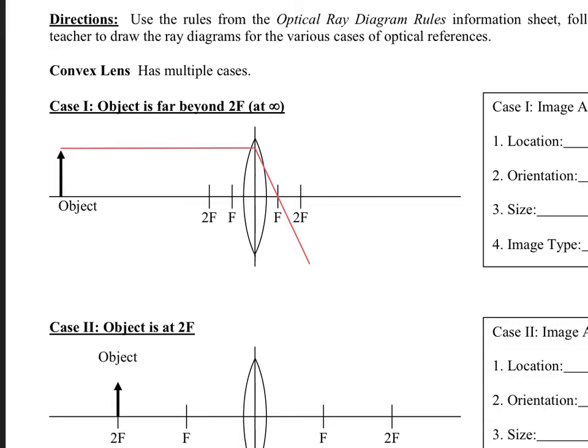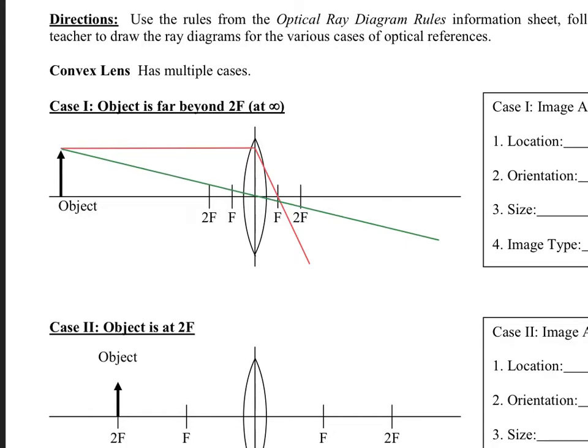Now, I said all of our rays are going to be pretty much the same, but the second one's a little bit different. It went through the center of curvature on a mirror, but there really isn't a center of curvature for a lens, because both sides of my lens for this convex type are jutting outward, and so the center is actually inside. So what's going to happen is, if our second ray is supposed to go to the center, it's going to go through the center of the lens, and if it does that, it does not refract.